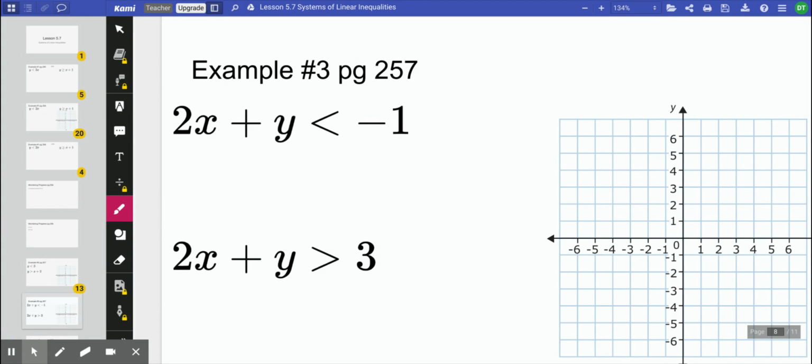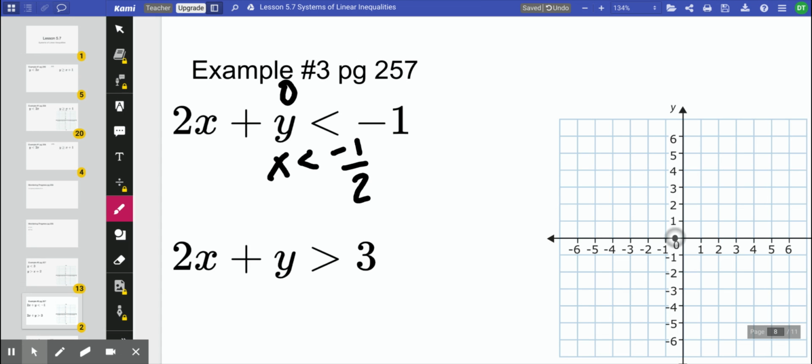Let's change back to another color. If I put 0 in for the y, 2x equals negative 1. So x is going to be negative 1/2. So my x-intercept is, oops, the x-intercept is negative 1/2.